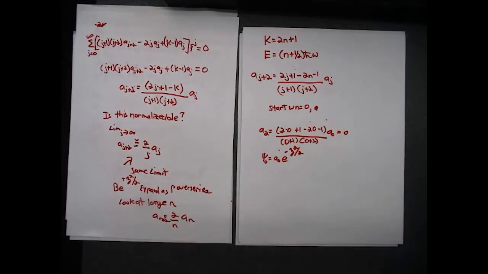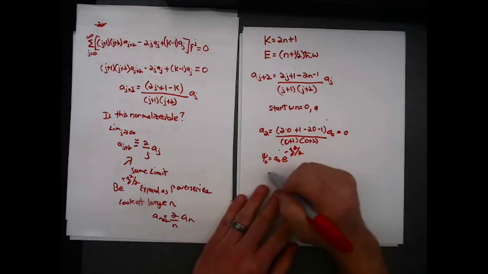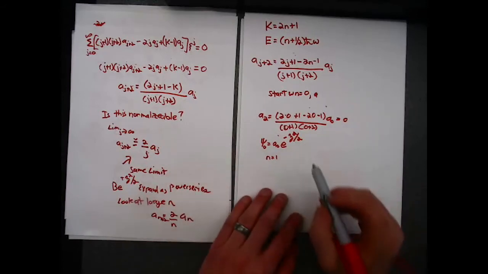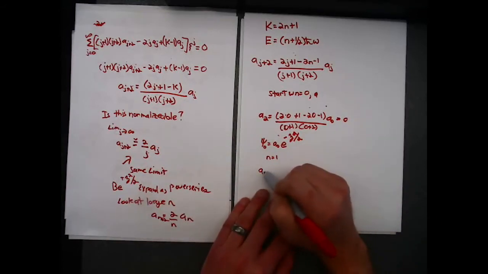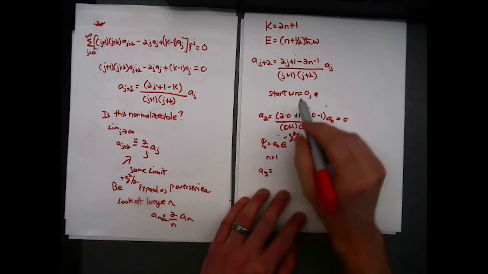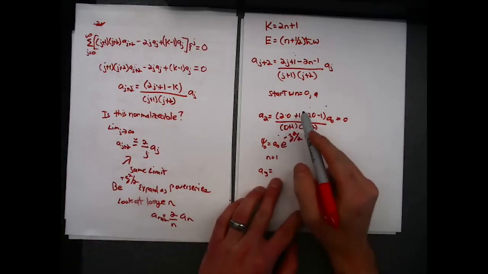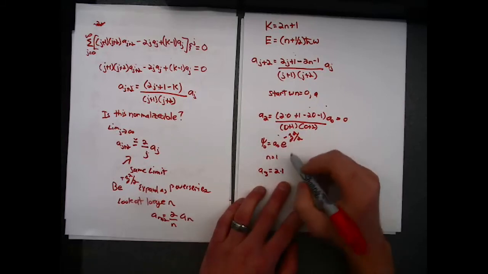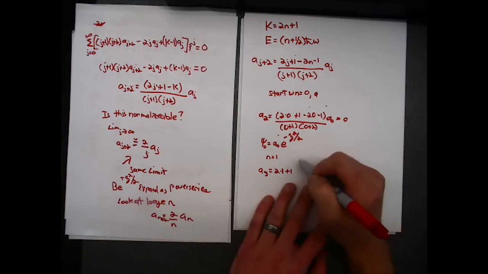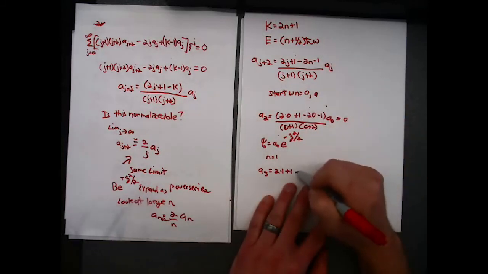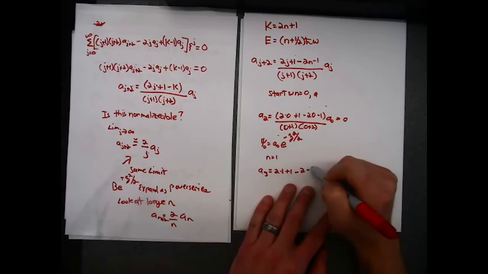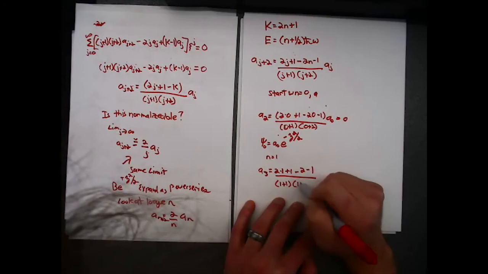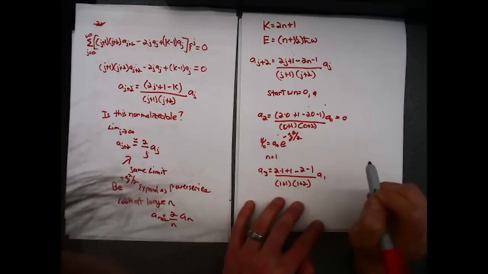Okay. Let's look at psi 1. If we go n equals 1, we're going to be on the odd side of our recursion function. So we're going to start with a3. Now we're going to look at j equals 1. So we're going to get 2 times 1, so that's 2, plus 1, that's 3, minus 2 minus 1 over 1 plus 1, 1 plus 2, a1.